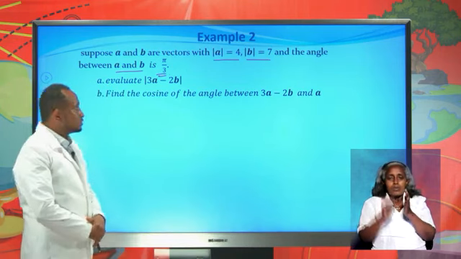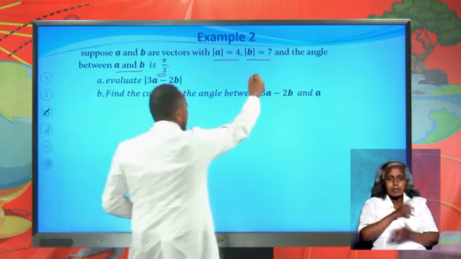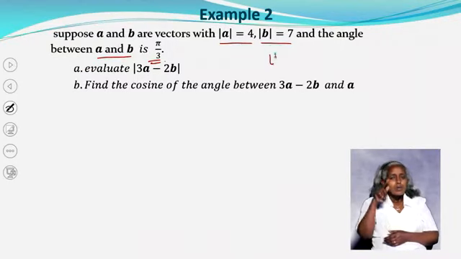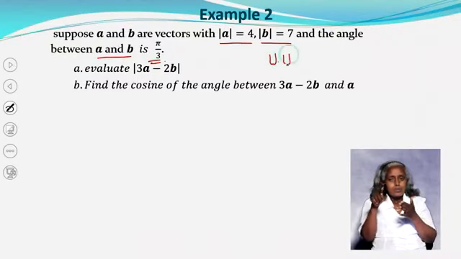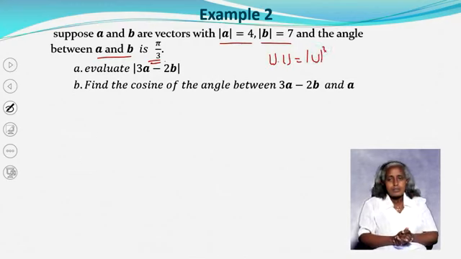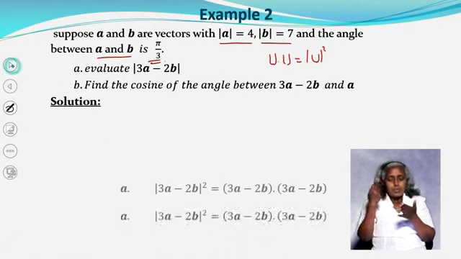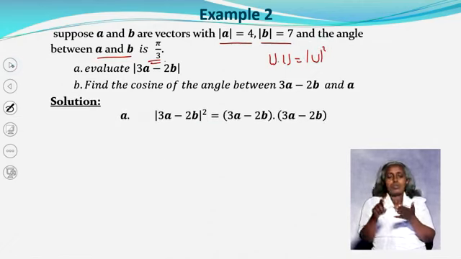To do this, we use this property. U dot U, we said earlier, is the magnitude of U squared. Using this concept, we can solve this equation. The square of the magnitude of this vector is equal to the dot product of the vector 3a minus 2b dotted with 3a minus 2b.